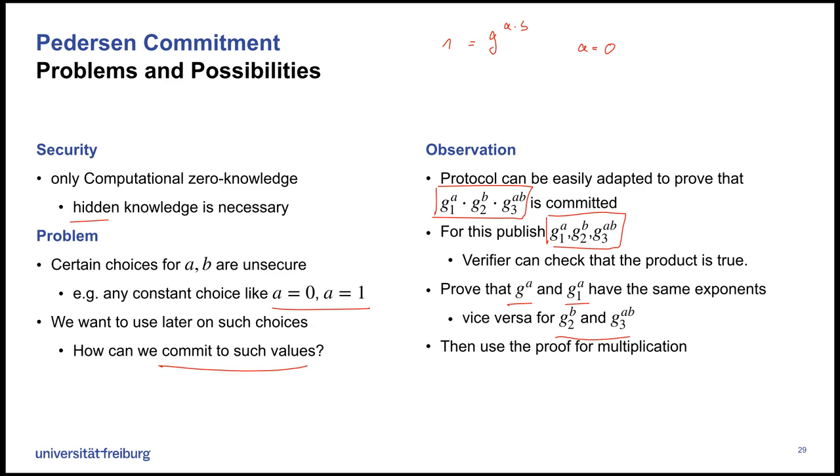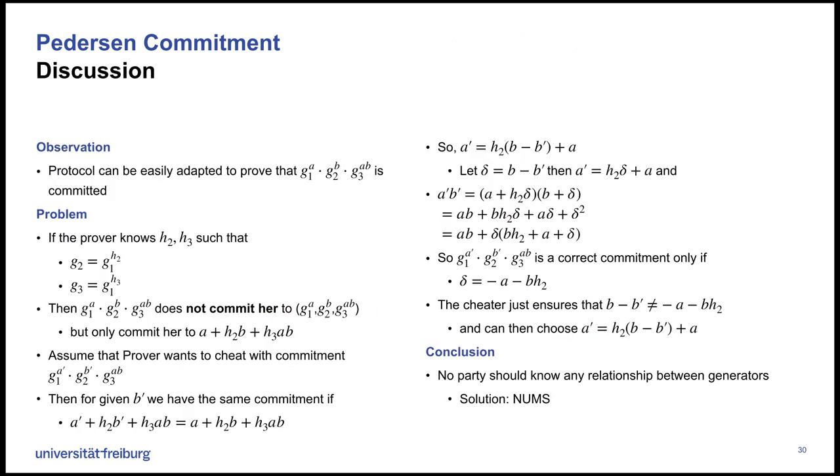However, there is a problem here, because it sounds very nice and you have a proof for that, but there could be some kind of backdoor which we have to work out. So let's assume that you just want to have one number and you want to commit to this the same way.